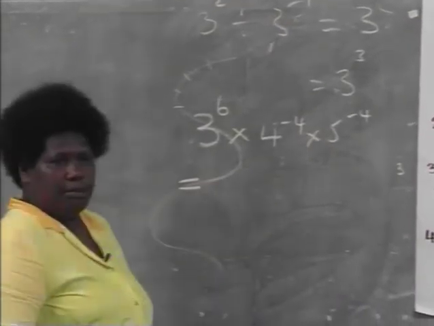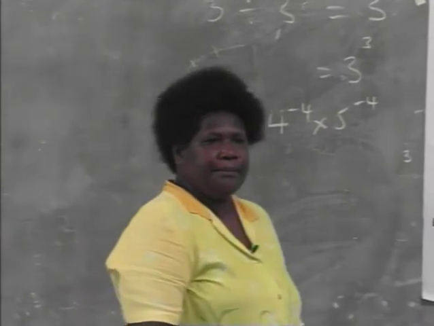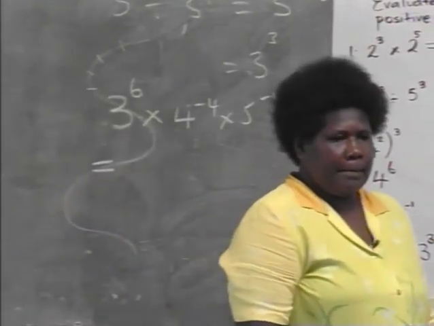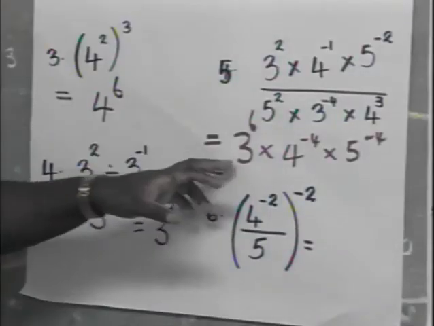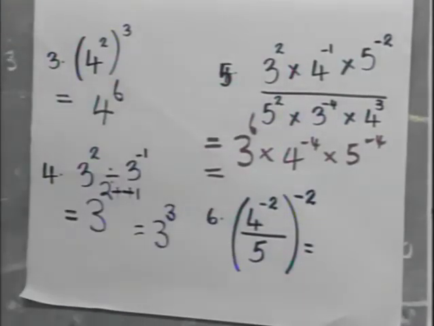The answer with positive powers, anyone? And I want them with positive powers, not like evaluating 3 to the power of 6 and giving me an answer that's so huge. I want it with powers, not as whole numbers.